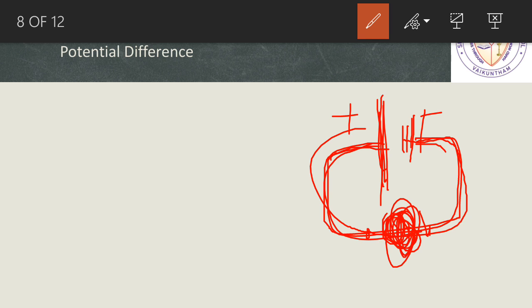If you connect it to a coil, it will become heat; there the electrical energy is converted into heat energy. In the case of a fan, it is converted into mechanical energy. This is how the electrical energy is used in a circuit to get converted into different forms.